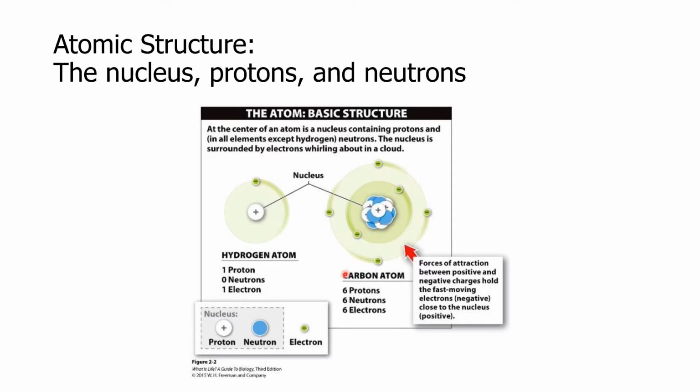Carbon has 6 protons and 6 electrons, so again, those 6 positive charges are going to cancel out those 6 negative charges, leaving carbon neutral. And that's true for all of the elements on the periodic table. The rule is the number of protons is equal to the number of electrons, so the positive charges cancel out the negative charges, and therefore all of the elements are neutral.